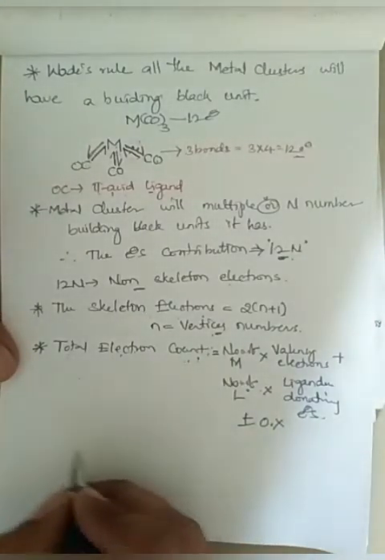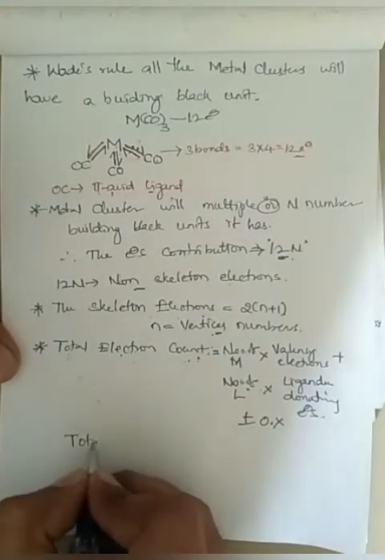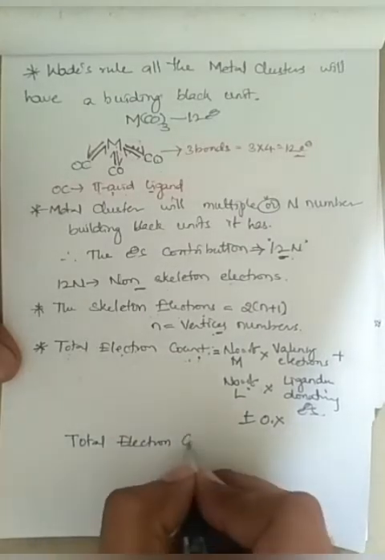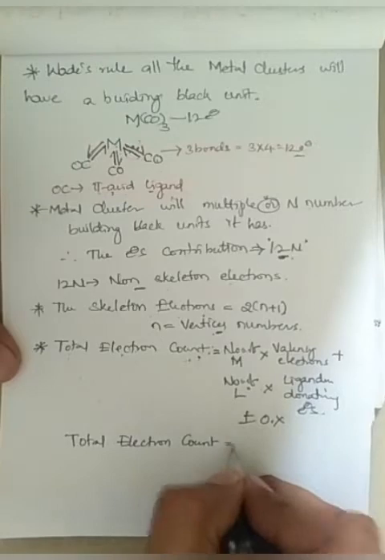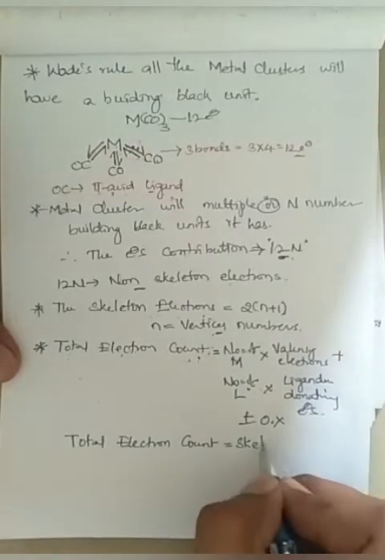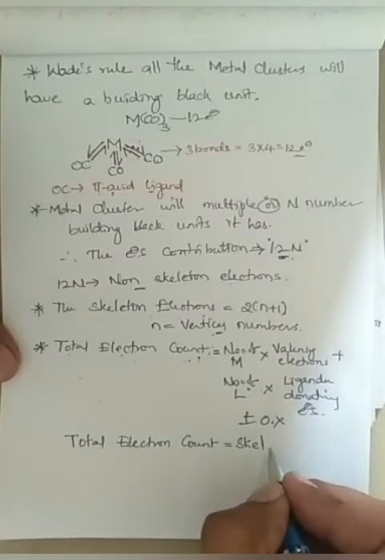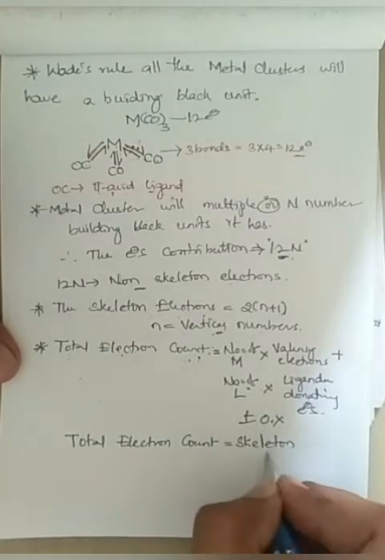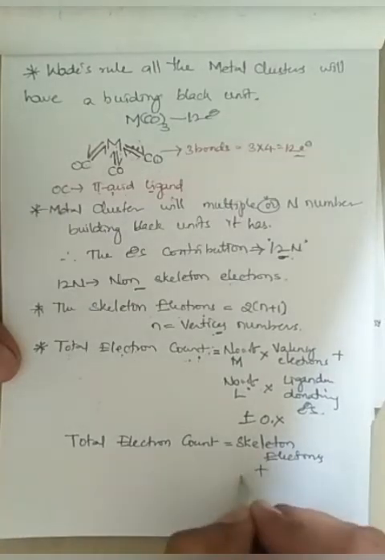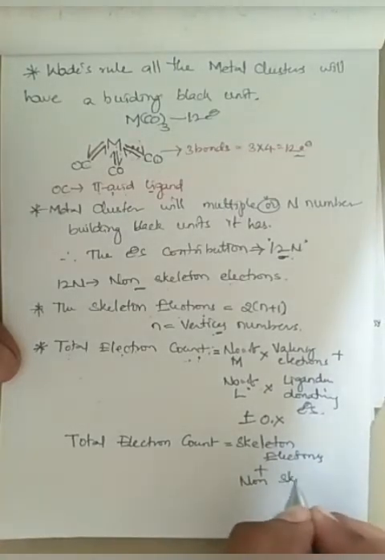So we can say that the total electron count can be written as the addition of skeletal and non-skeletal electrons: skeletal electrons plus non-skeletal electrons.